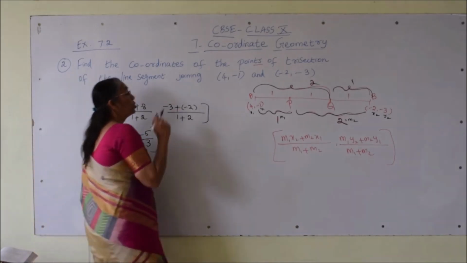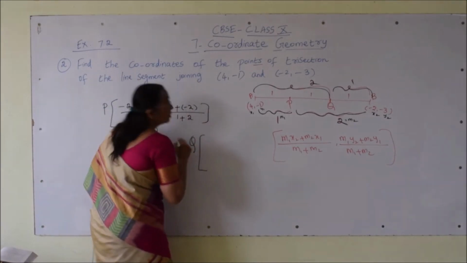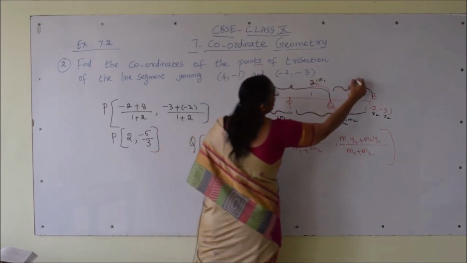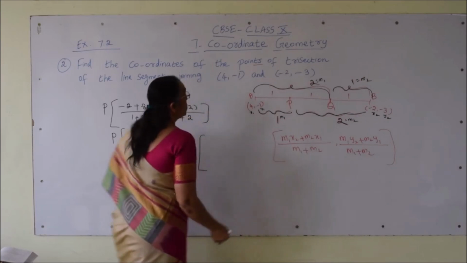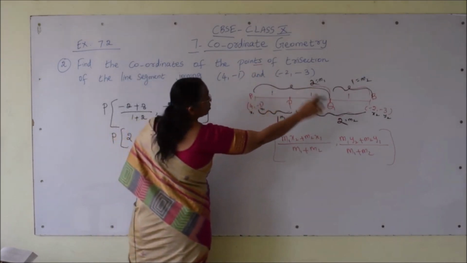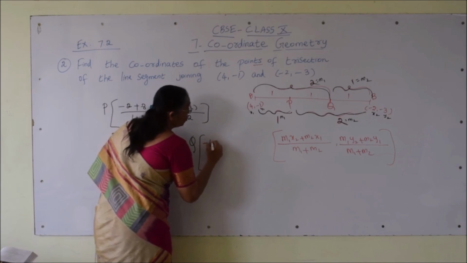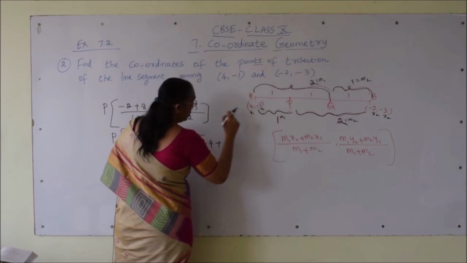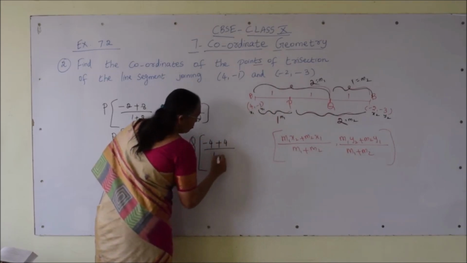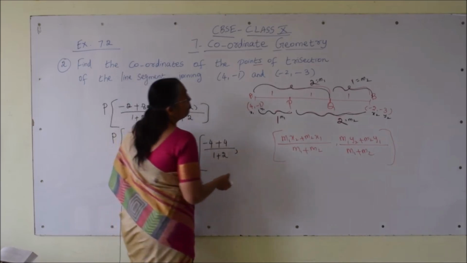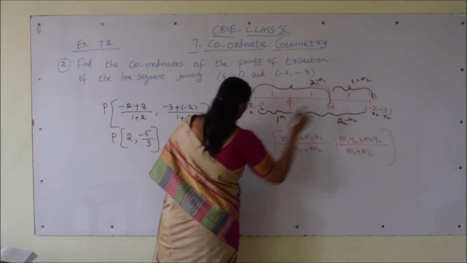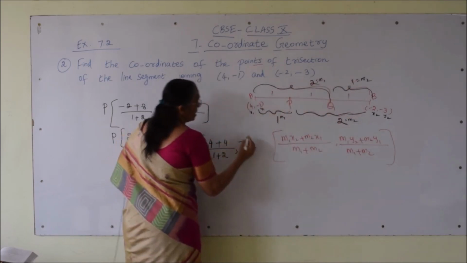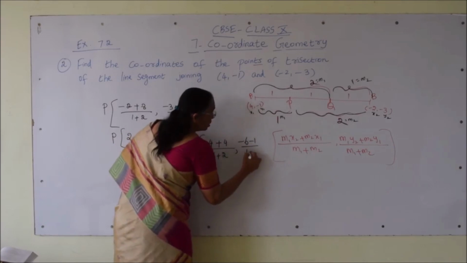Now, coming to the Q coordinates. For Q, m1 is 2 and m2 is 1. Using the formula, m1x2, 2 into -2 is -4, plus m2x1, 1 into 4 is 4, divided by m1 plus m2, comma, m1y2, 2 into -3 is -6, plus m2y1, 1 into -1, divided by 1 plus 2.